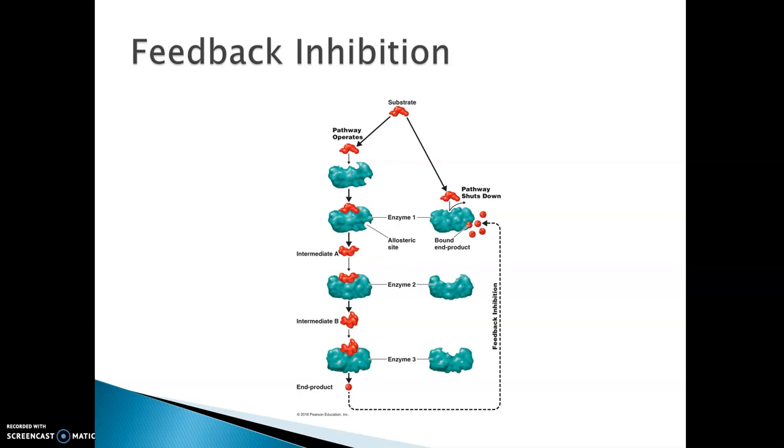So basically, the end product in this whole pathway actually has an effect on the first enzyme. The end product of this chemical reaction is actually behaving like a non-competitive inhibitor, which turns off the enzyme because we have enough of the end product.